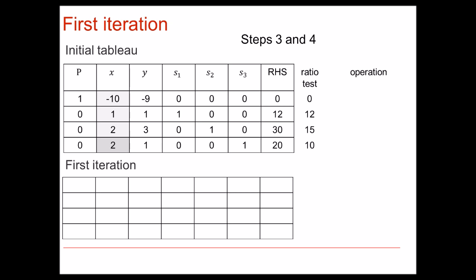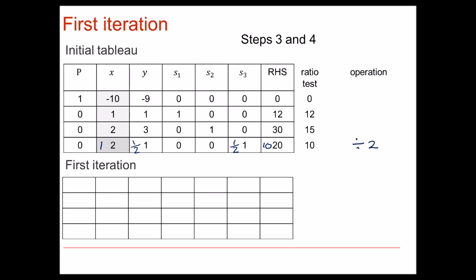Moving on to steps 3 and 4. We want the pivot element to be 1. So therefore we divide through that whole row by 2. This will give us a value of 1, a half, 0, 0, don't change, a half, and 10.